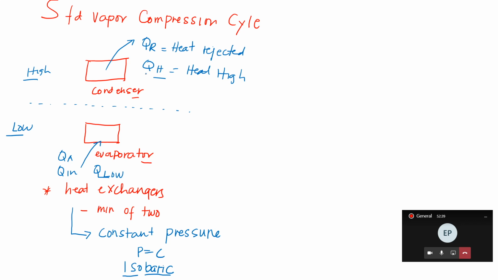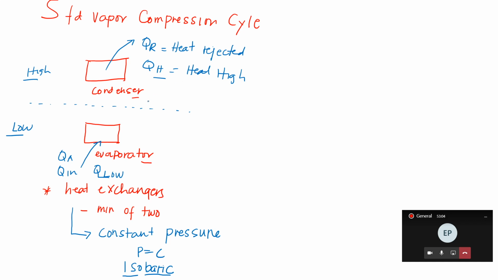And in between these two, there are other equipment. Now, let me draw. Between the two, what could these two do to each other? What is the relationship of the evaporator and condenser? There should be a link between them.